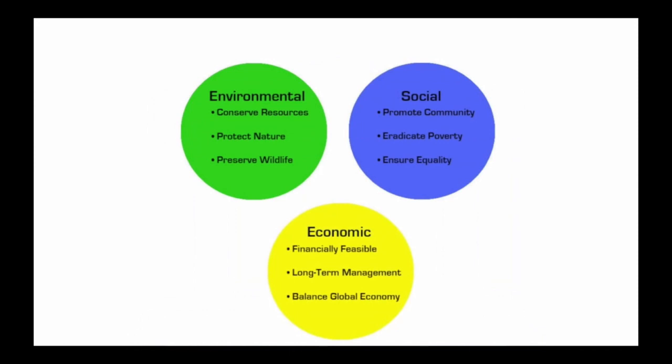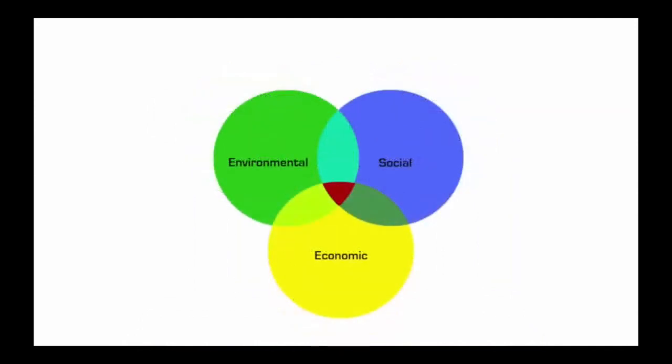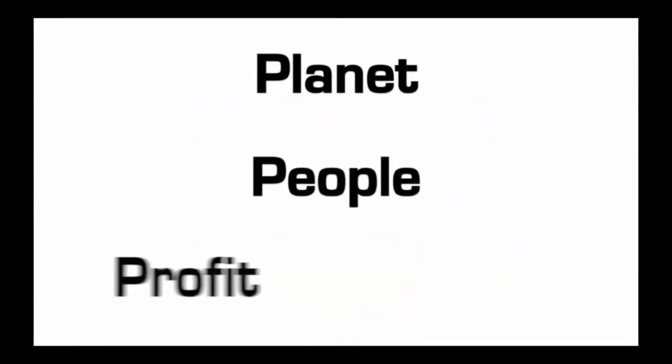Human development depends upon the long-term production, use, and management of resources as part of the global economy. Only when all three of these pillars are incorporated can an activity or enterprise be described as sustainable. Some describe this three-part model as planet, people, and profit.